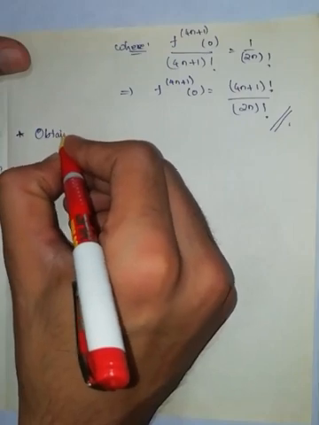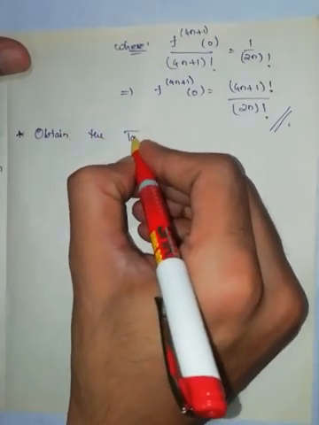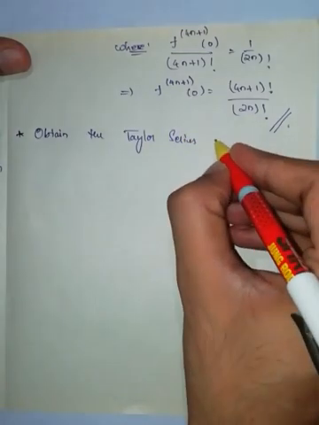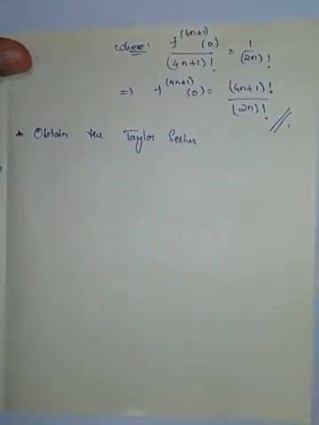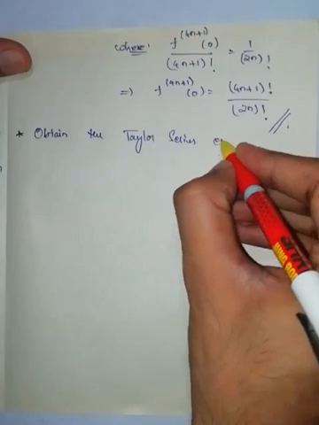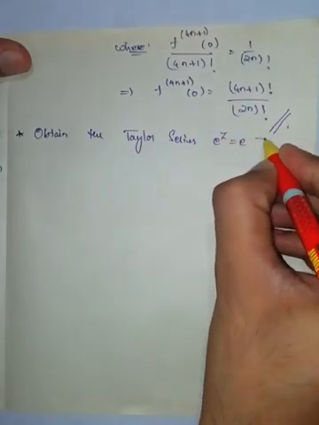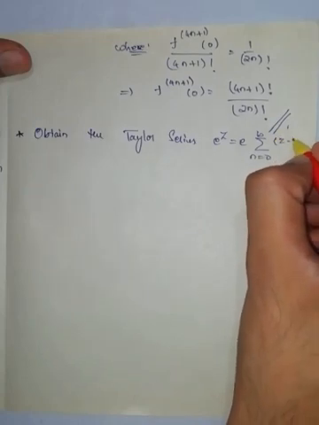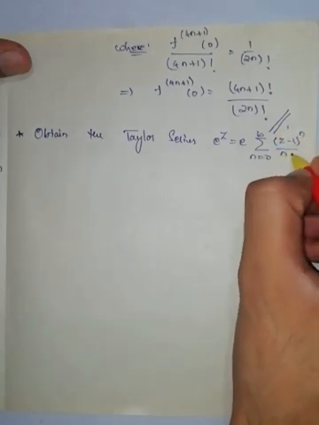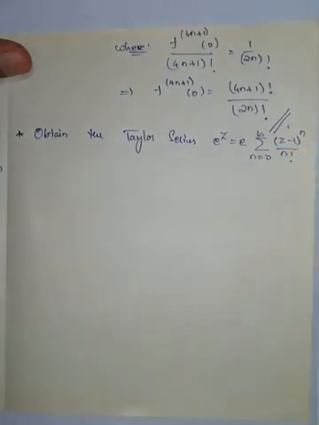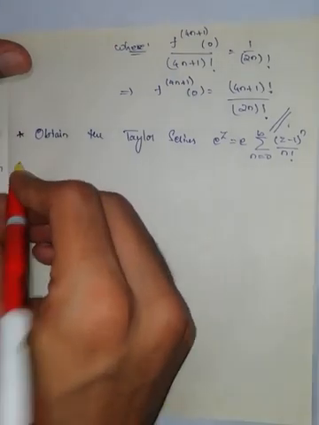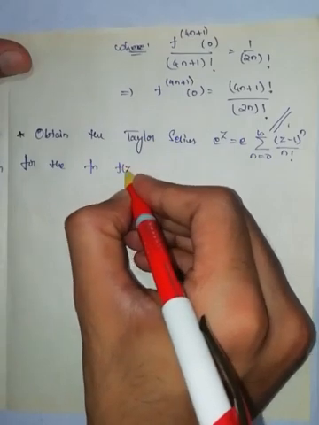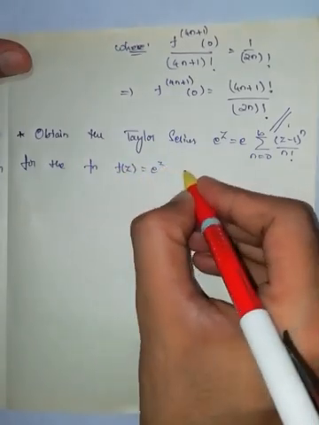Obtain the Taylor series e to the power of z is equal to e into summation n is equal to 0 to infinity z minus 1 to the power of n by n factorial for the function f of z is equal to e to the power of z.